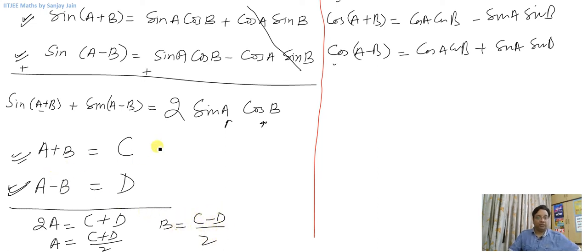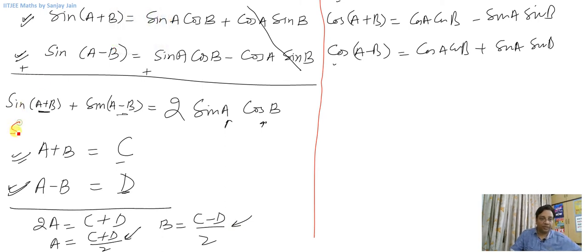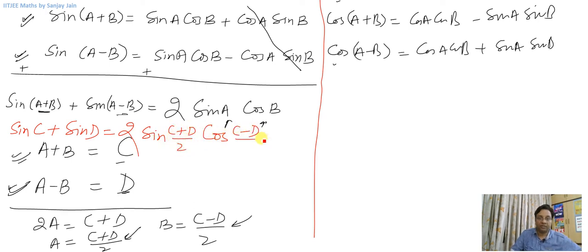Alright. So when I replace a plus b with c and a minus b with d on the left hand side, on the right hand side I'll have to replace a with c plus d by 2 and b with c minus d by 2, which will give me another very important formula, that is sin c plus sin d is equal to 2 sin c plus d by 2 and cos c minus d by 2.